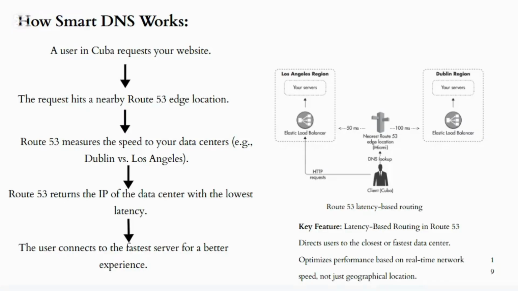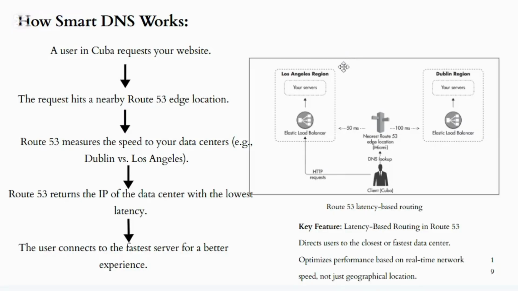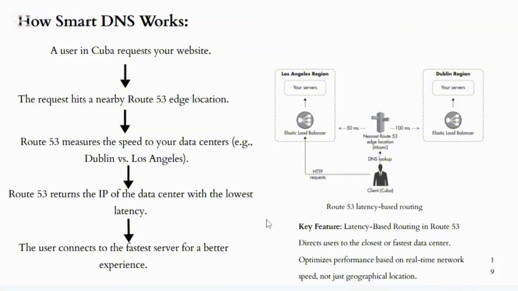The result is a much faster and more reliable web experience. So, smart DNS like Route 53 doesn't just resolve domain names, it actively optimizes the user route for performance. That's a big reason why large websites like Amazon and Netflix can serve millions.